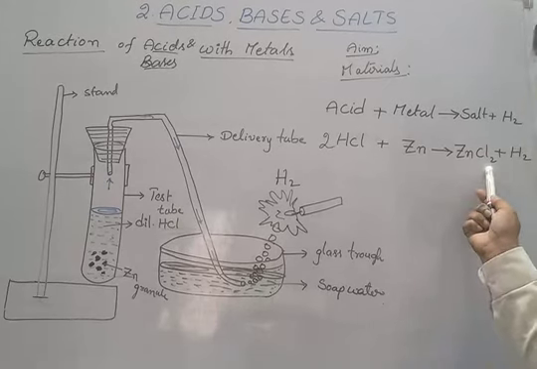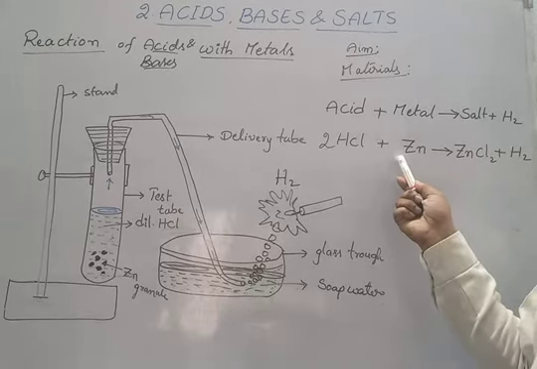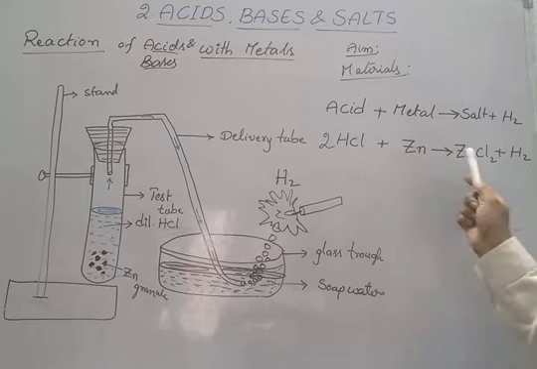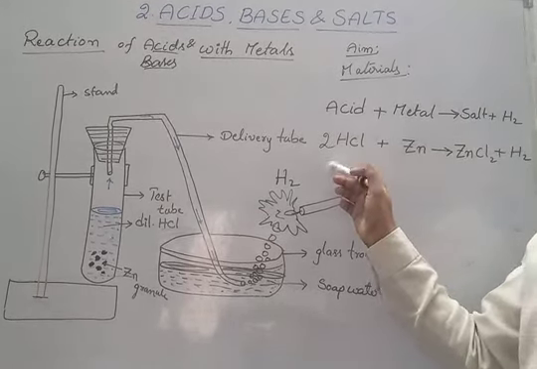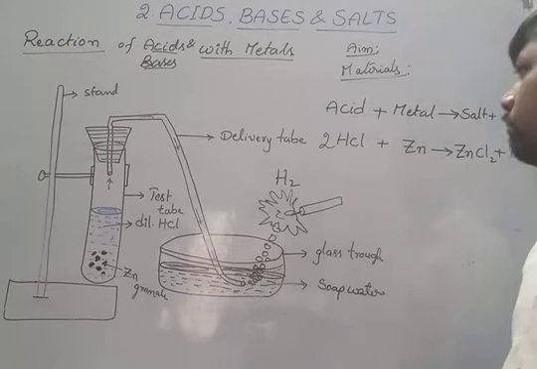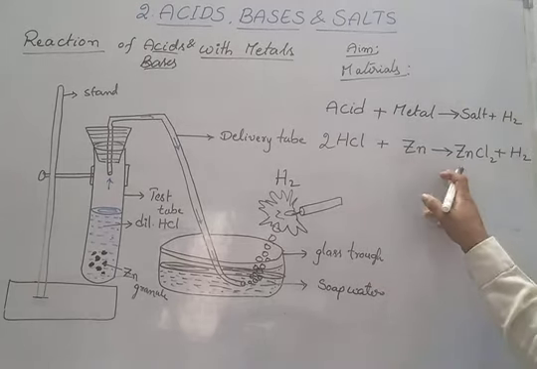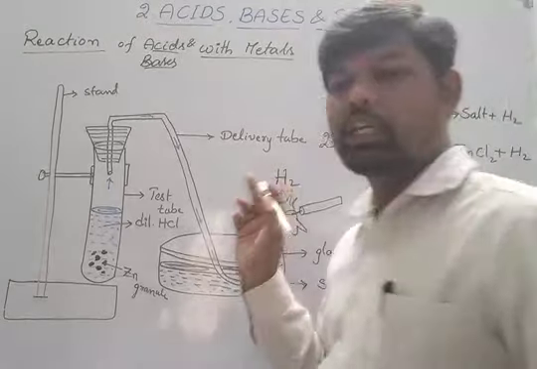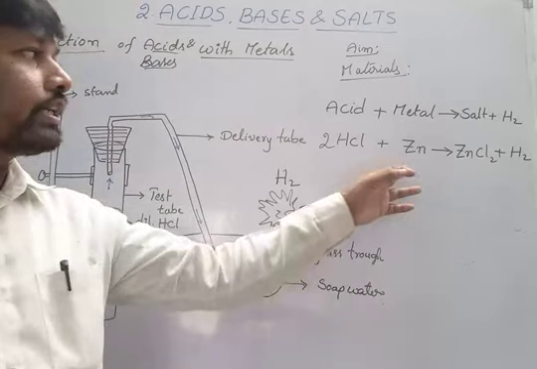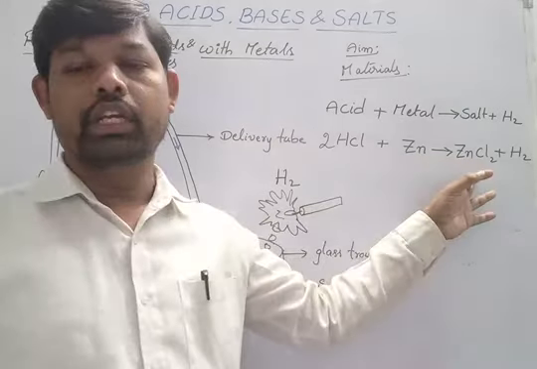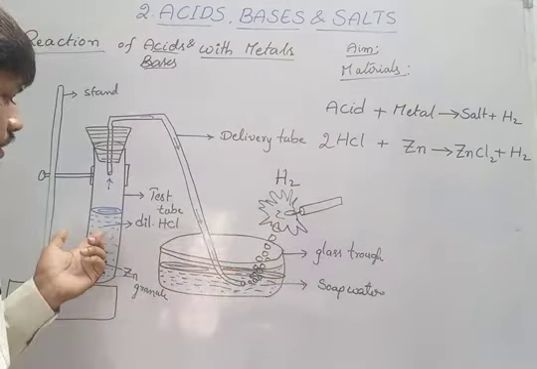Balance it. On the left side one Zn, on the right side one Zn. So this is the balanced equation: 2HCl plus Zn gives ZnCl2 plus H2.